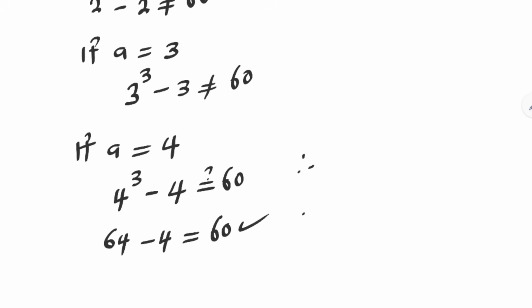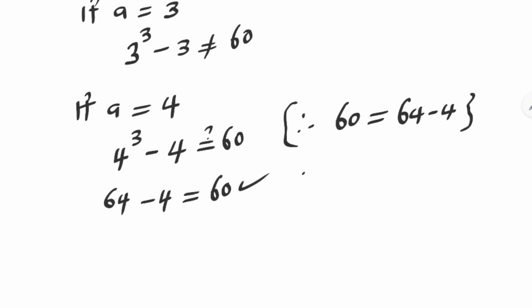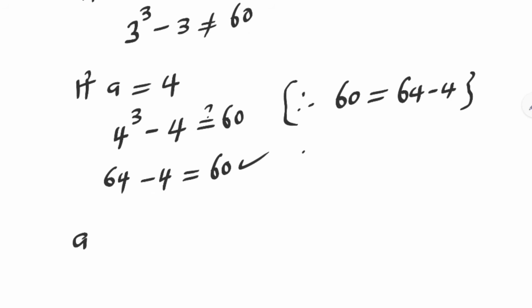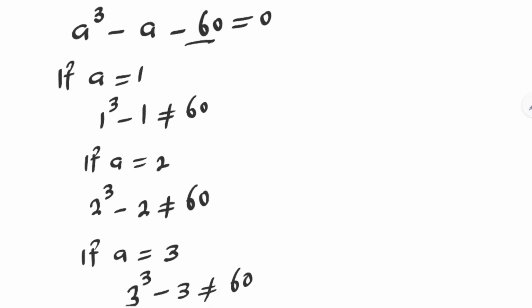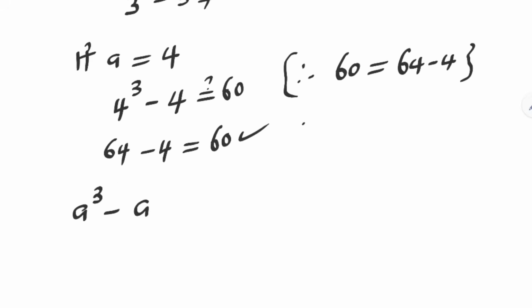Now, therefore, 60 is equal to 64 minus 4. Then the equation becomes a raised to power 3 minus a, and 60 can be written as minus 64 minus 4 is equal to 0.